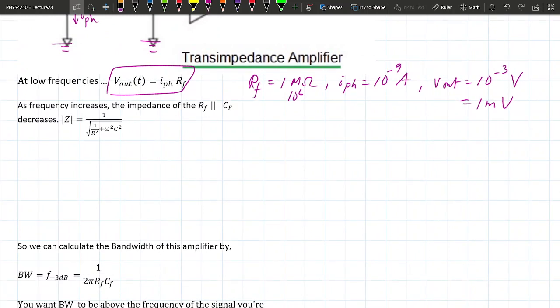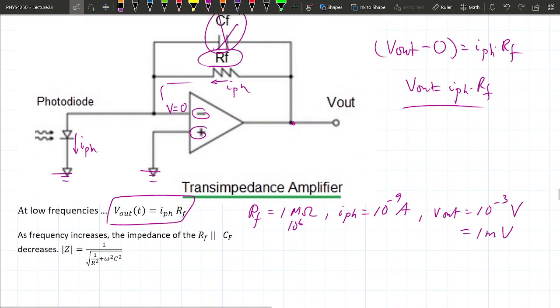Let's talk about the capacitor part. Why is the capacitor useful? When your photon is getting into your photodiode, it's going to be a random process, unfortunately.